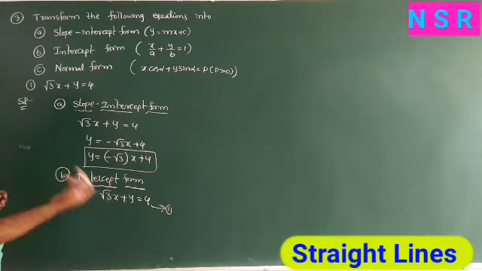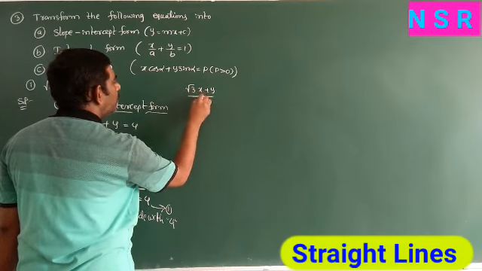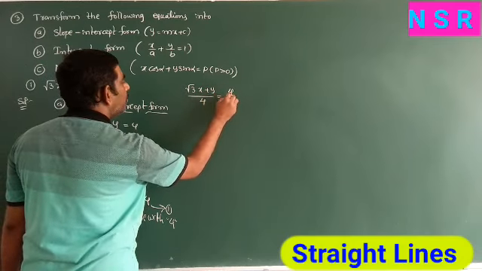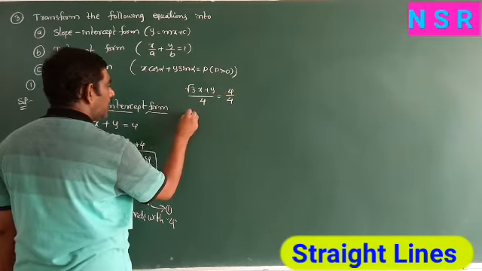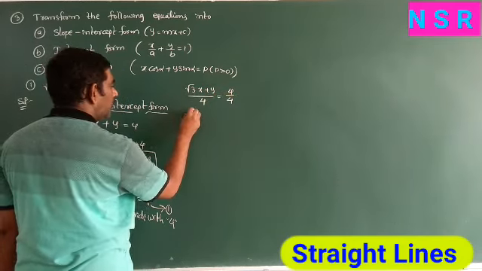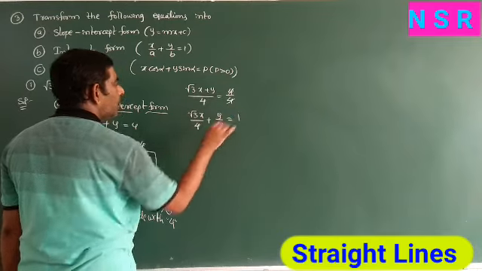Now both sides divided by 4, we get root 3x plus y by 4 is equal to 4 by 4. Now two terms are there, so separate the terms: root 3x by 4 plus y by 4 equal to 1.